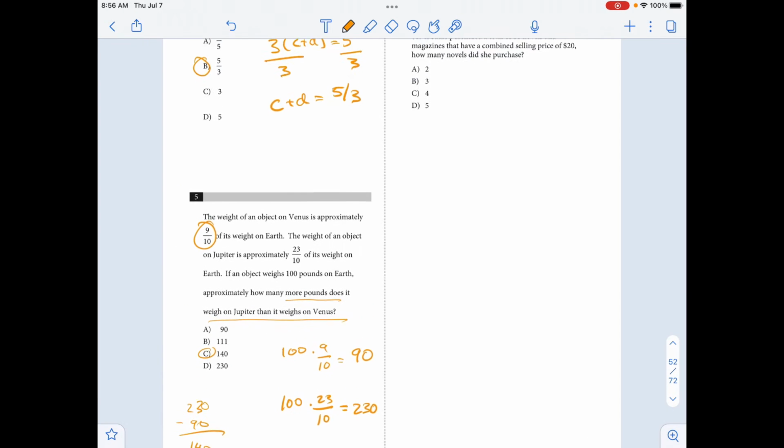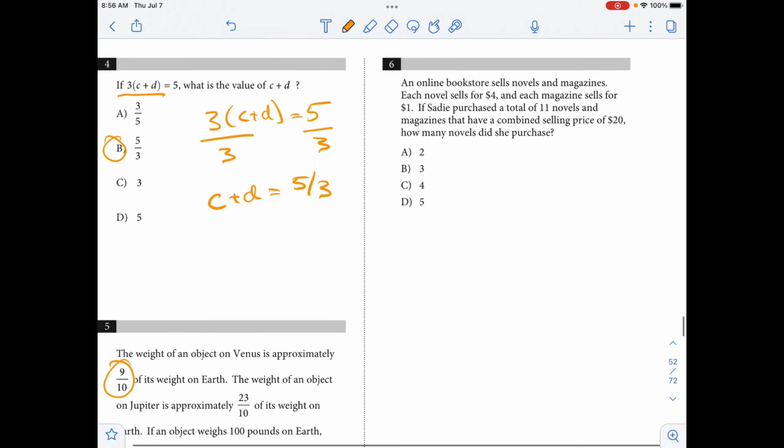Next one. An online bookstore sells novels and magazines. Each novel sells for $4 and each magazine sells for $1. Sadie purchased a total of 11 novels and magazines that have combined for a price of $20. How many magazines did she purchase? Here's one where we have to use two different equations.